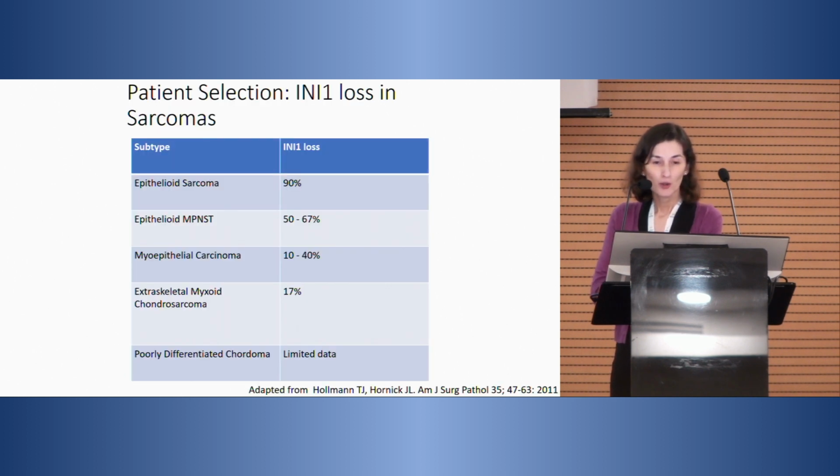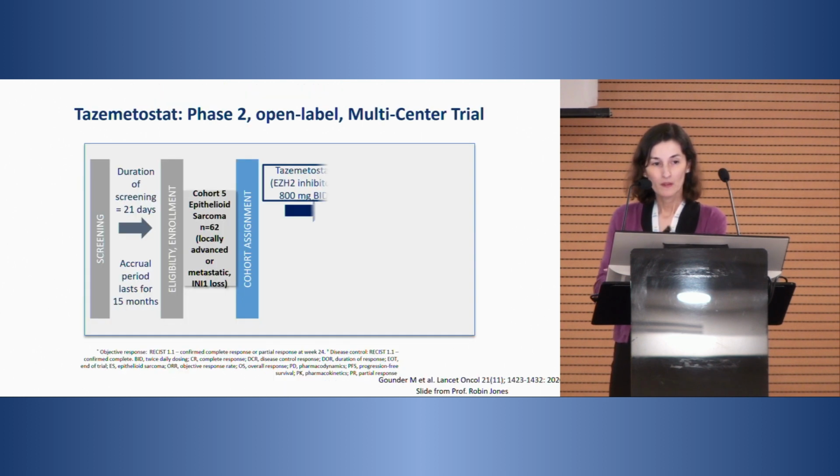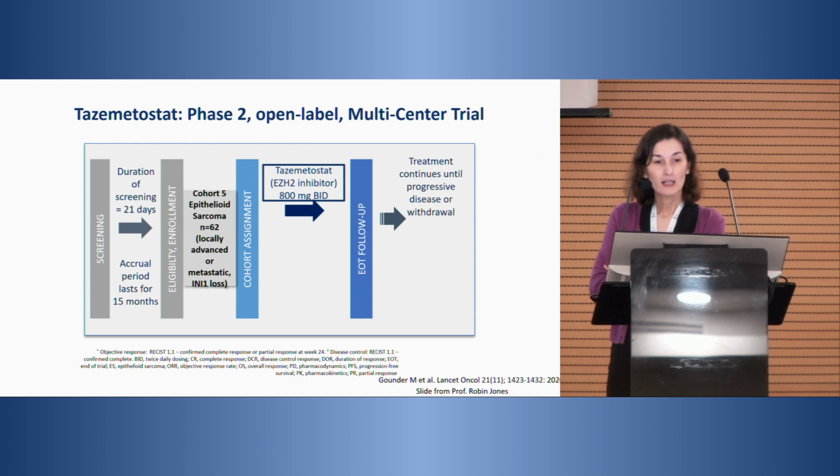And studies have shown that this INI1 loss is seen in other types of sarcoma, such as epithelioid peripheral nerve sheath tumors, myoepithelioid sarcomas, poorly differentiated chordomas. Well, it's mainly seen in epithelioid sarcoma. So there was a phase 2 clinical trial which used a drug that targeted this EZH2.